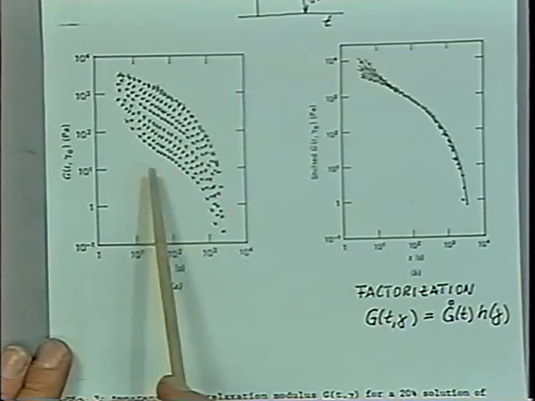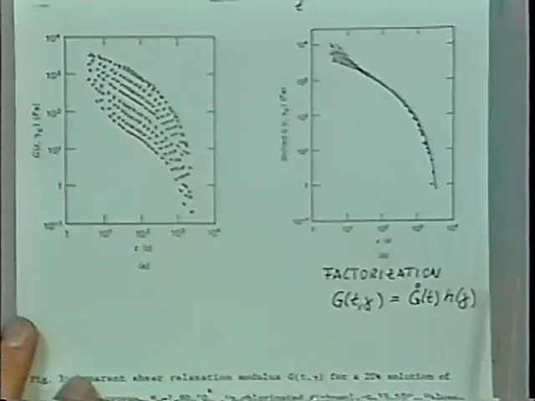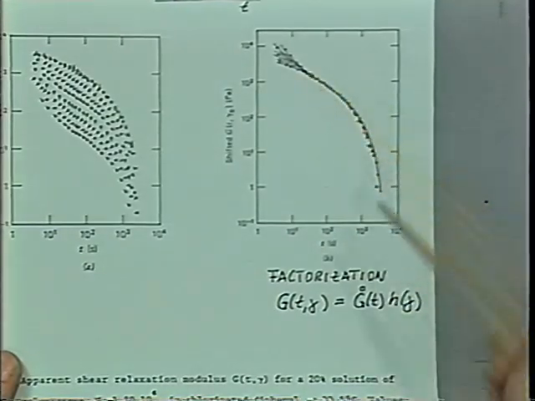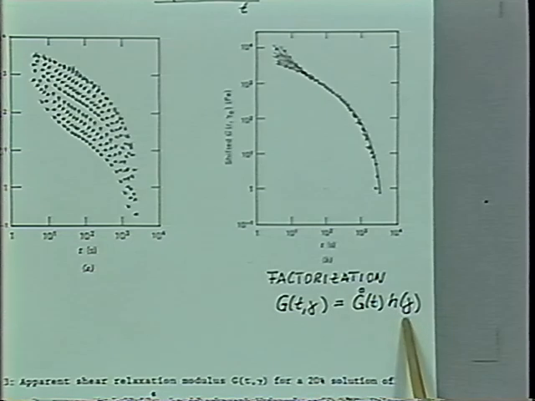But Osaki realized that he could shift those curves. Since they have all the same shape, he just shifted them upward, and he could describe everything in a single master curve where the relaxation modulus as function of time and strain is given by the time dependence at small strain. See, that's where linear viscoelasticity comes in, multiplied with the strain dependence. This result, which has found wide recognition early on, has influenced the search for constitutive equations considerably.